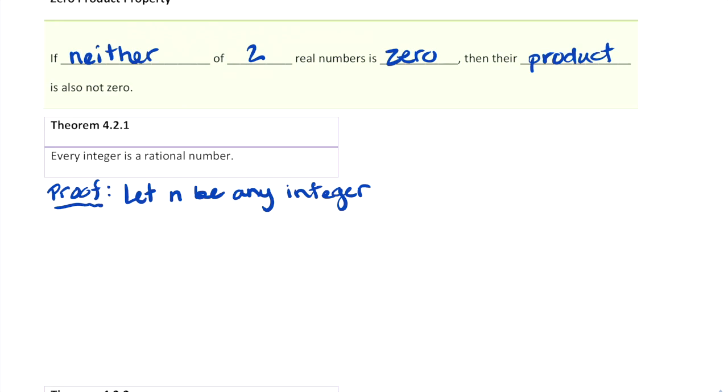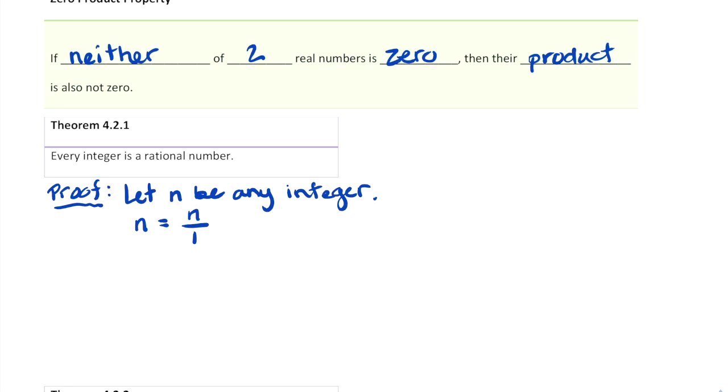Okay, so let n be any integer. The evil plan is we have to show that no matter what happens, this n will be rational as well. So n is equal to n over 1, correct?